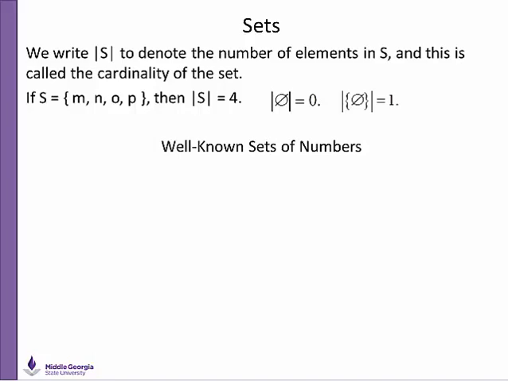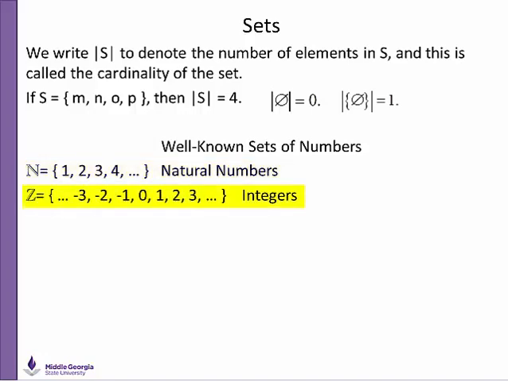Well-known sets of numbers have letters that mathematicians use to represent them that you should be familiar with. N is used for the set of natural numbers, and those are the counting numbers, 1, 2, 3, 4, and that goes on infinitely. Z we use to represent the set of integers, the positive and negative whole numbers, which are infinite in both the positive and negative direction.